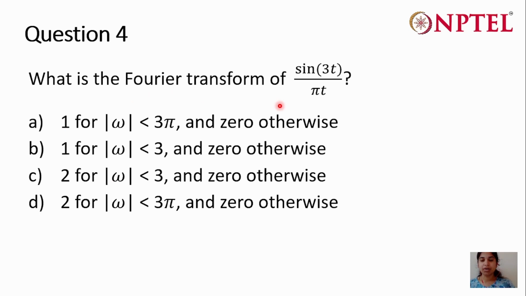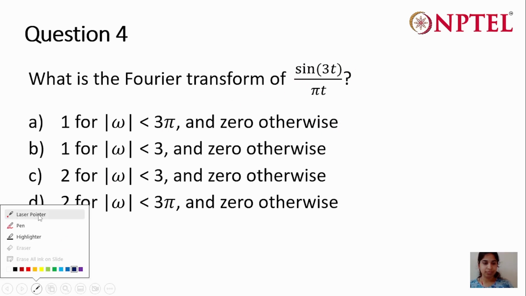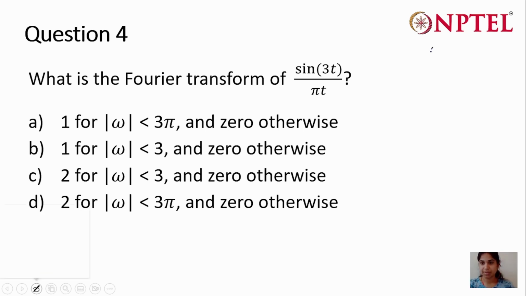What is the Fourier transform of sine of 3t by pi t? So we have to find the Fourier transform of sine of 3t by pi t. There's one important thing which you have to remember, guys.